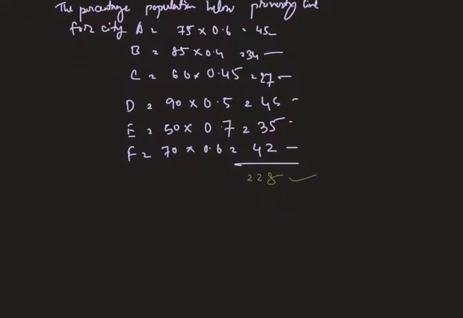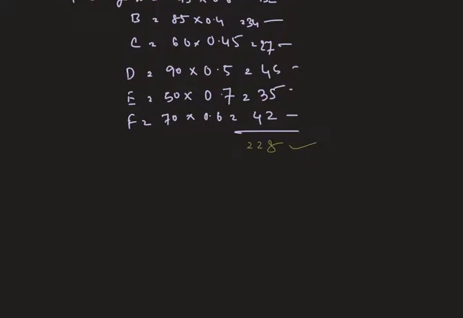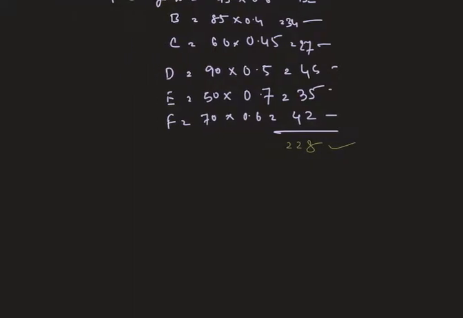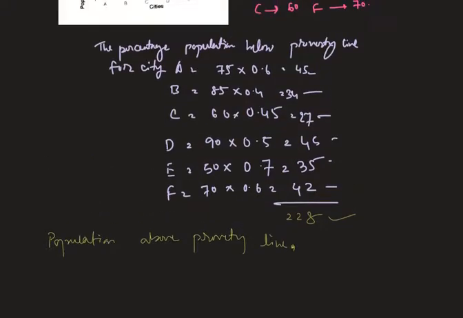Now similarly, we have to find the population above poverty line. As we already know the total population and the population below poverty line, if we subtract them, we get the population above poverty line for each city.